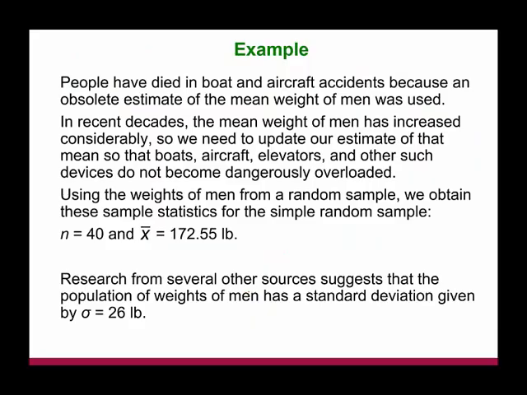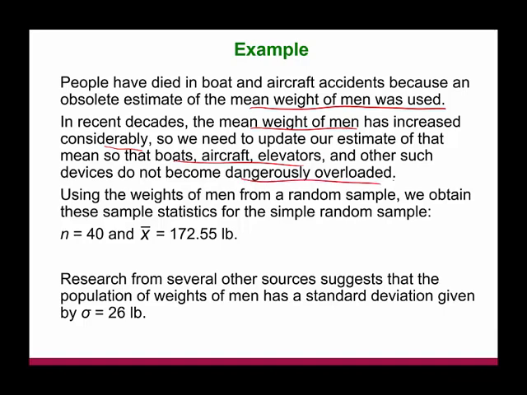So let's take a look at an example. People have died in boat and aircraft accidents because an obsolete estimate of the mean weight of men was used. In recent decades, the average weight of men has increased considerably. So we need to update our estimate of that mean so that boats, aircraft, elevators, or other such devices do not become dangerously overloaded.